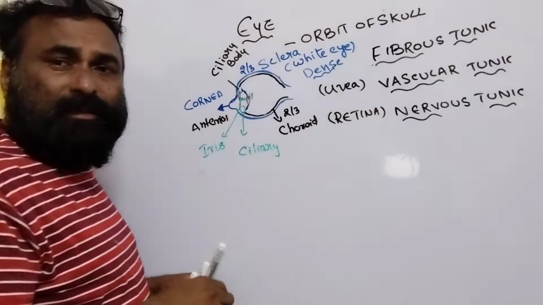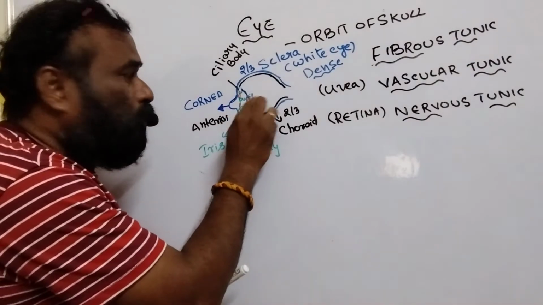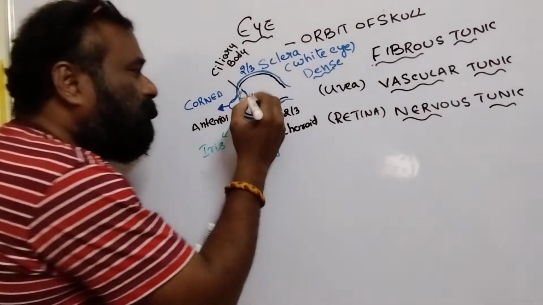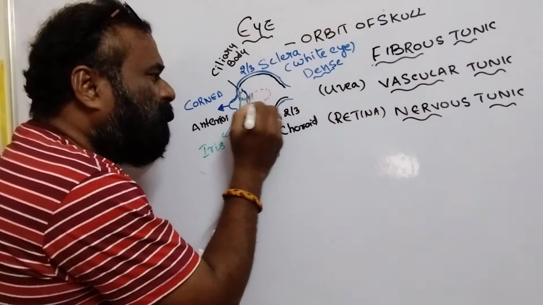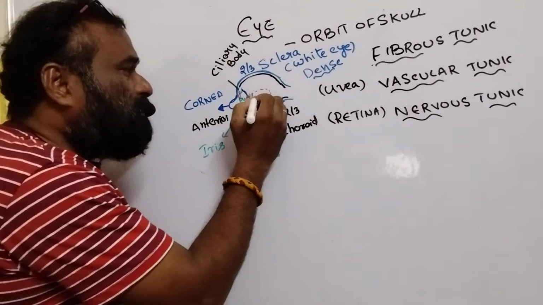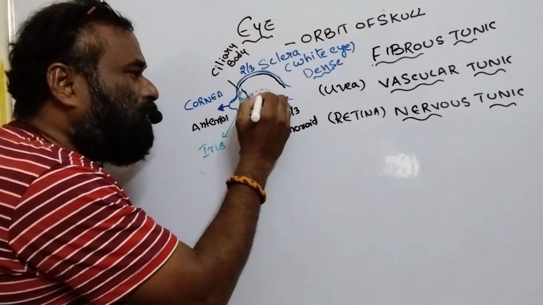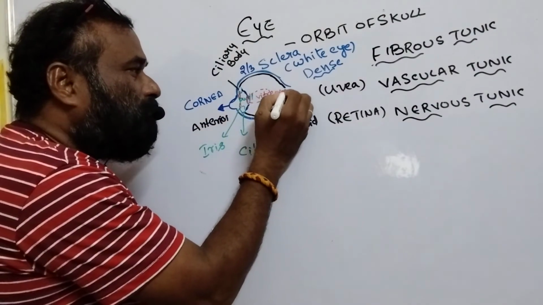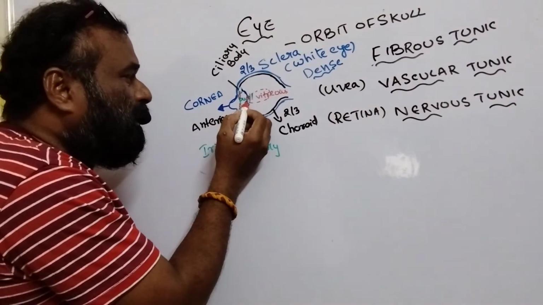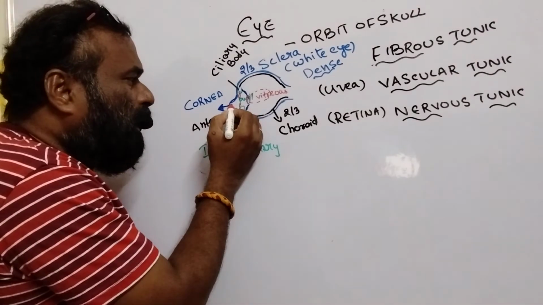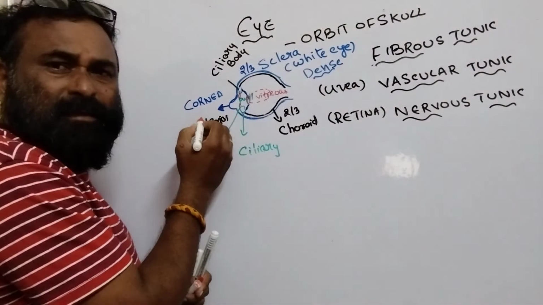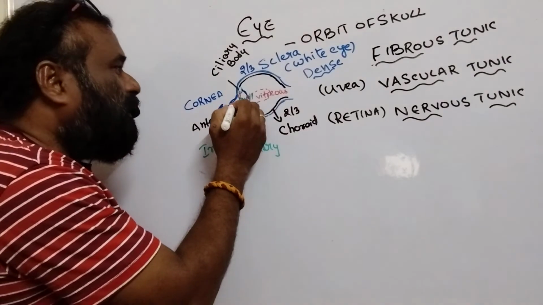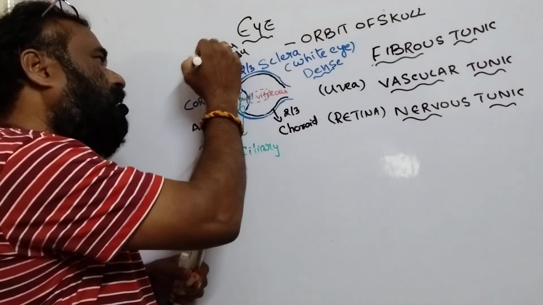There are chambers. The chamber present posterior to the lens is called the vitreous chamber. The chamber present below the pupil and below the lens is said to be the aqueous chamber.